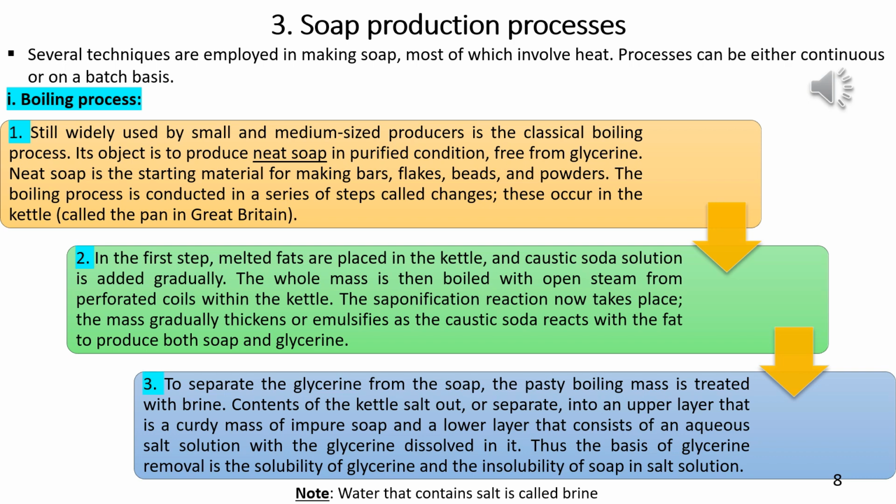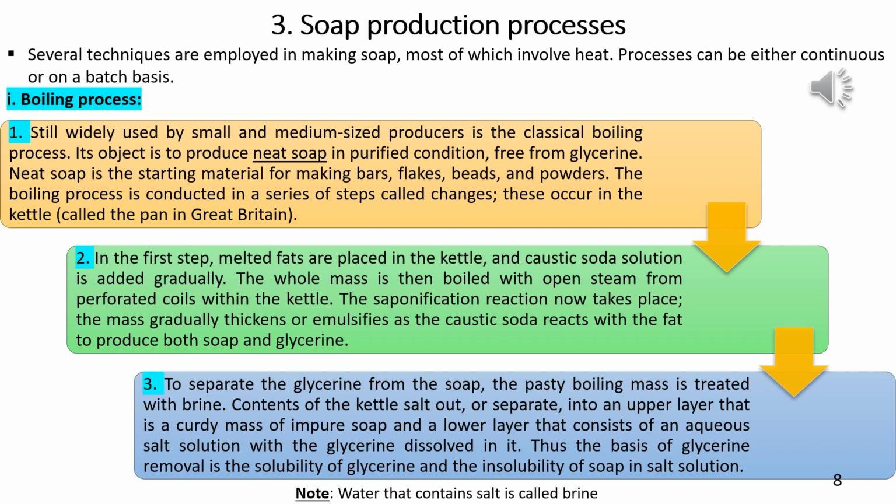After this, the saponification reaction can take place. At the end of the saponification reaction, the fat will produce soap and glycerin. So now the soap and glycerin are made. That was the first step.